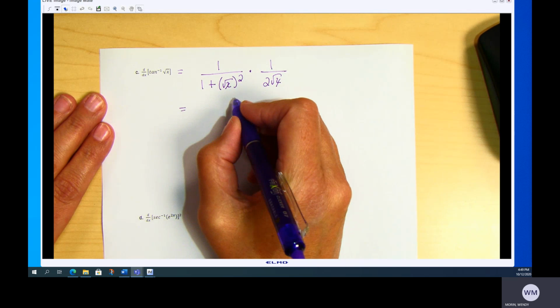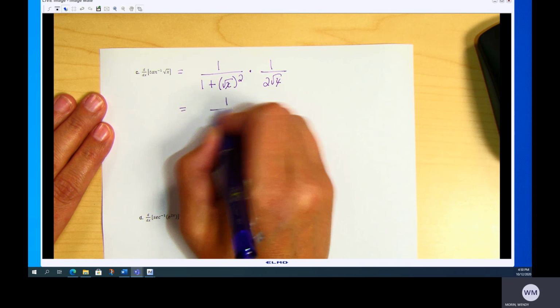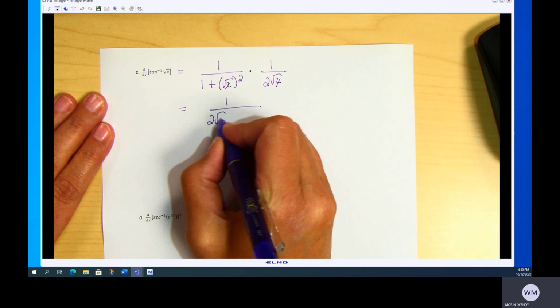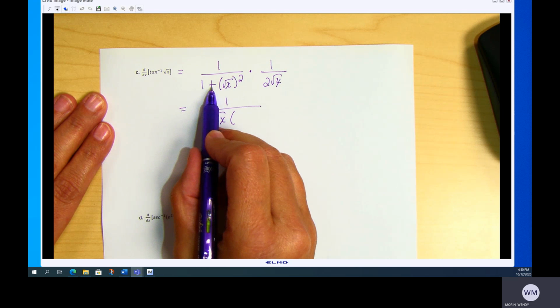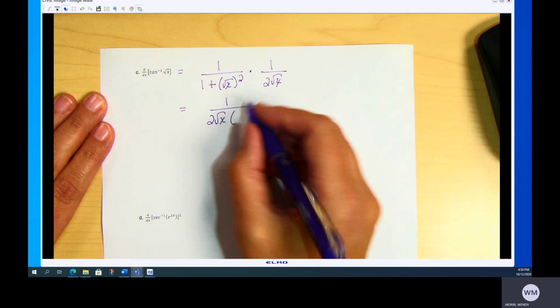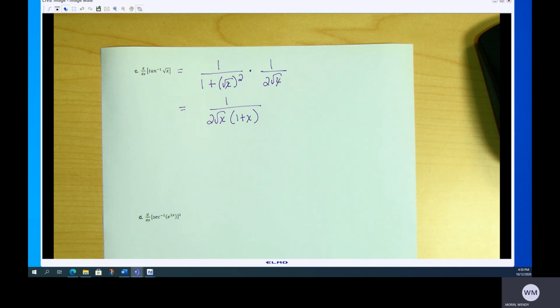So your answer is top times top. This is going to be 2 square roots of x. And over here we have what? 1 plus x. So no need to do the long way if you have the rules memorized.